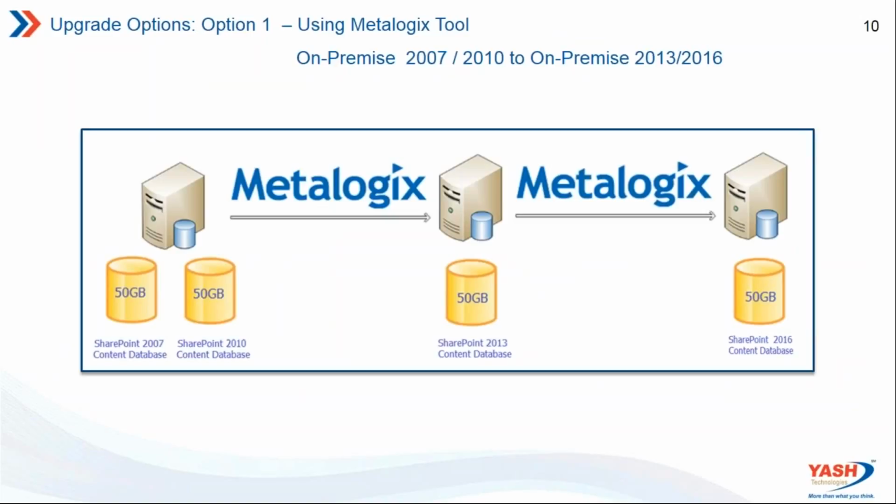There is a content size limit, where it supports up to 1.5 terabytes of content migration. So there is a limit on the content database size. Using this tool, we can directly move from SharePoint 2007 to 2013 or 2016 on-premise, and the tool will automatically take care of the schema upgrades.